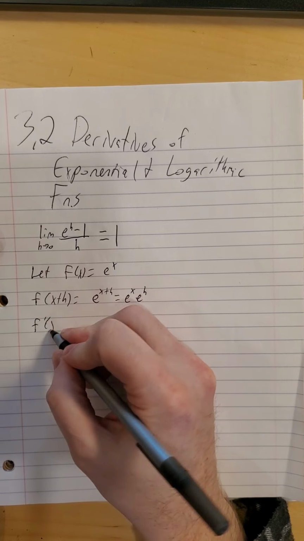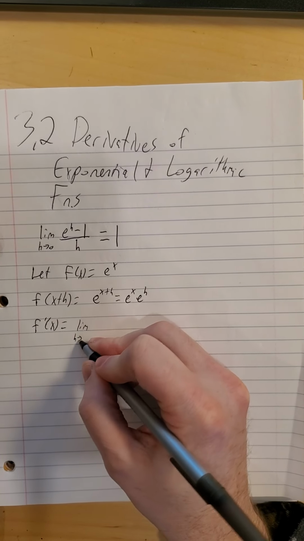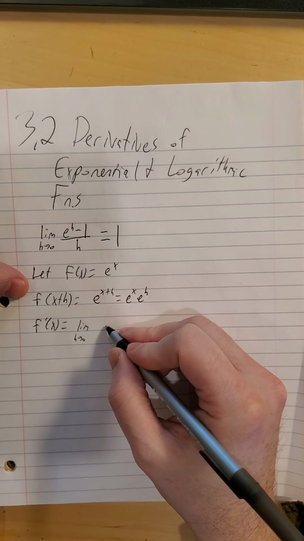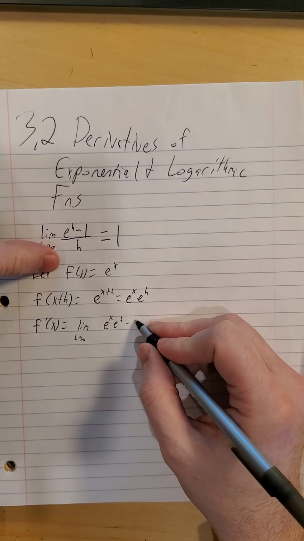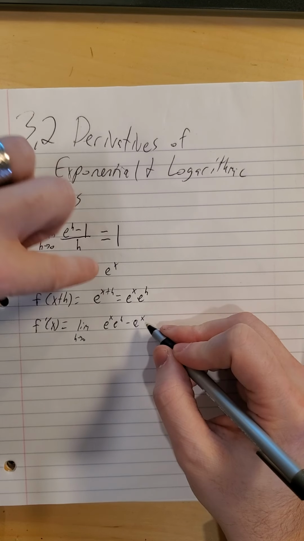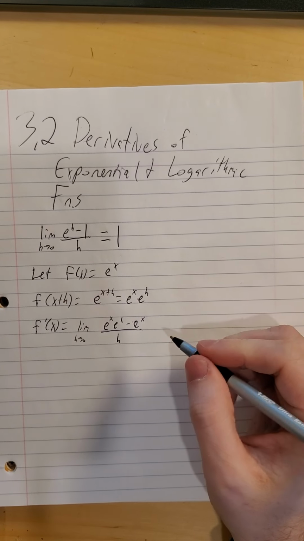So then, by our limit definition of the derivative, f prime of x is the limit as h goes to 0 of f of x plus h, so e to the x, e to the h, minus f of x. f of x is just e to the x, all divided by h.